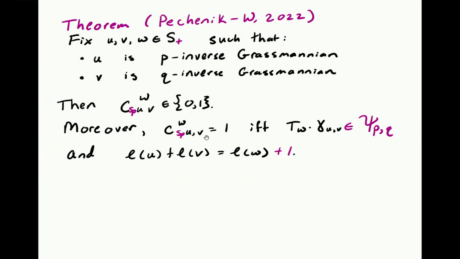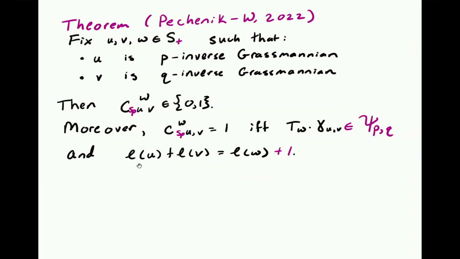Moreover, we can pick out when the coefficient is 1. It's going to be similar, but I'm hiding some things and some notation here. So we're going to act by T_W on the same starting clan as before, but now we're going to hope that we land in some specified set of things that we call almost rainbow clans.